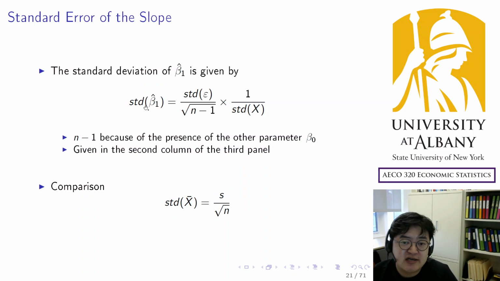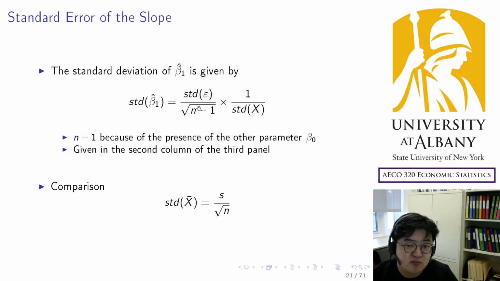So the accuracy of the estimator can be calculated this way. It is proportional to the standard error of the regression and inversely proportional to the square root of n-1, right? We are using -1 because before beta 1 we have beta 0.